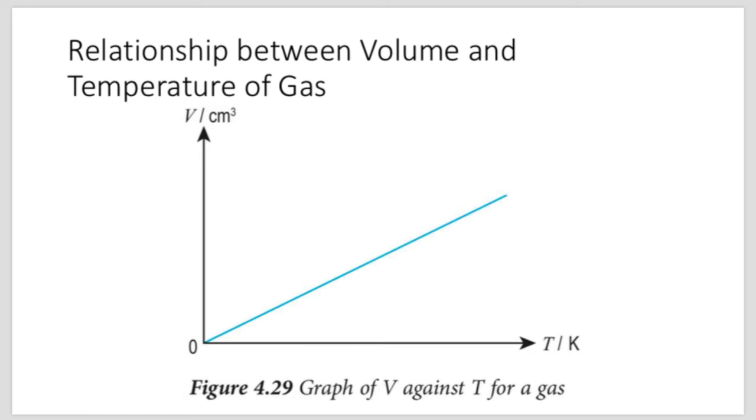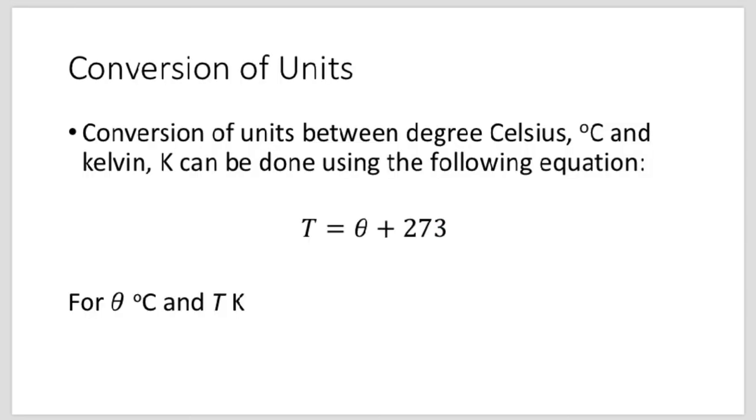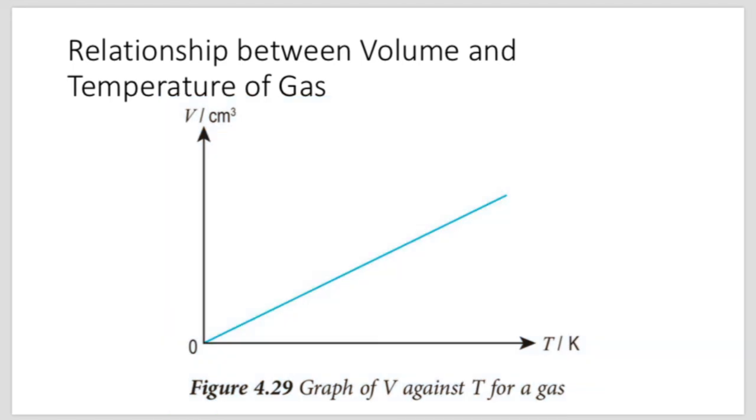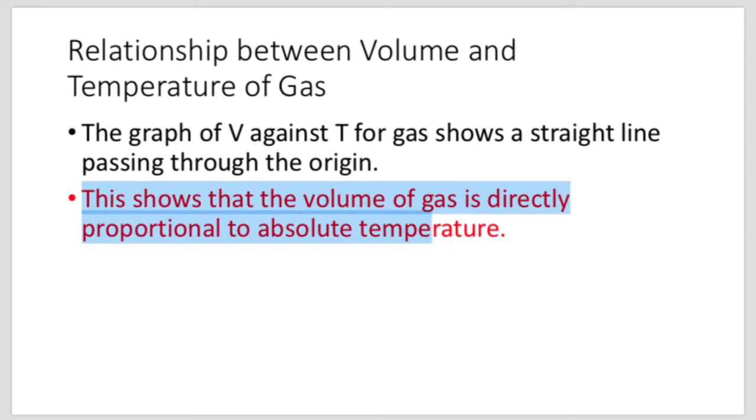Now, this is actually the same graph, but instead of using Celsius to cubic centimeters, we're using Kelvin to cubic centimeters. It's the same graph of V against T for a gas. You can see the relationship: a straight line that goes through the point of origin. This shows that the volume of gas is directly proportional to absolute temperature.